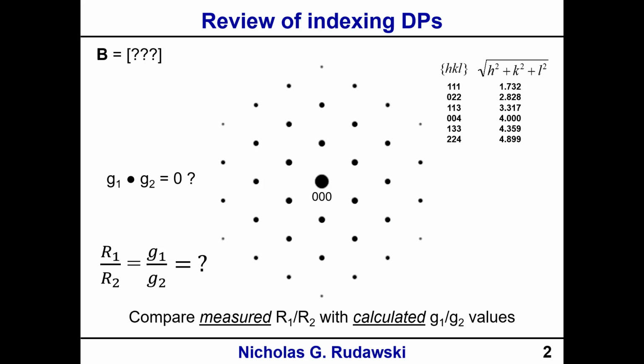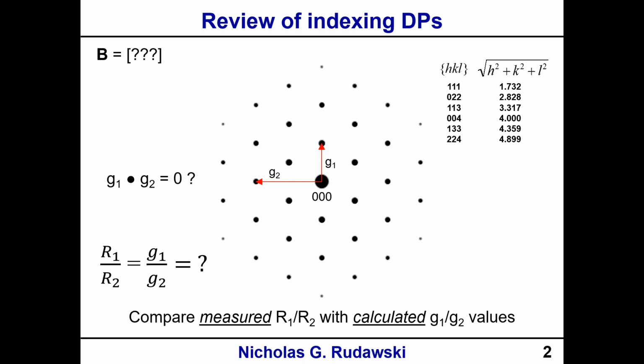So again, the process of indexing a DP is we have to figure out the zone axis and we have to figure out the indices for the spots. To do this, we have to first identify an orthogonal pair of G vectors. Orthogonal, of course, means that mathematically they dot to zero.